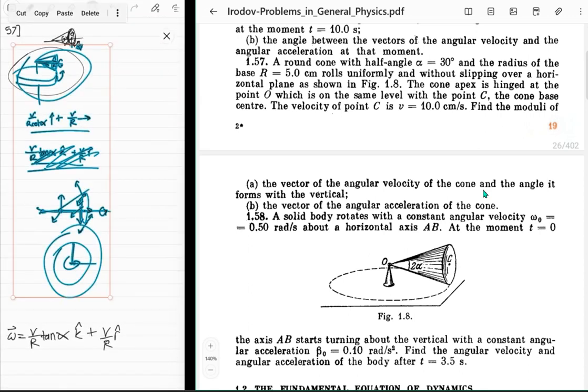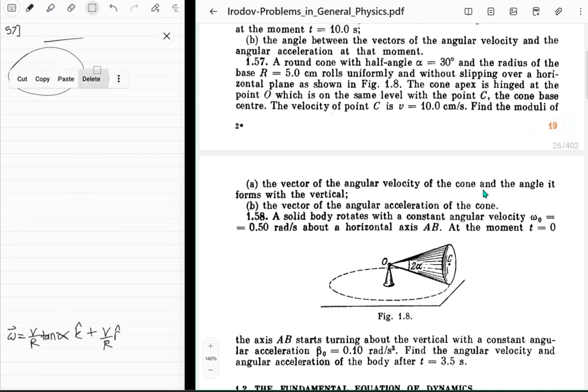Okay, scrap all of this. And of course, we could have just used the fact that v is equal to r cross omega, right? But then once again, how do you define what omega is? You can use omega to find v, but how do you define what omega actually is?